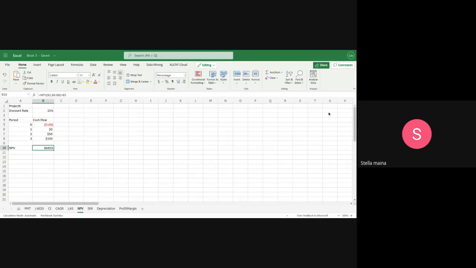So let us change things up and look at another example of this. I will just call this project Y. I will also now have the discount rate, and then I will now have the period and the cash flow.